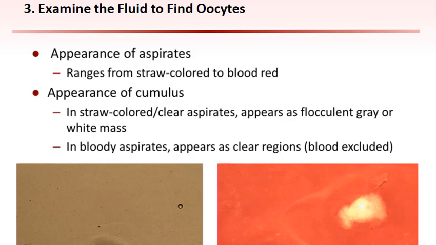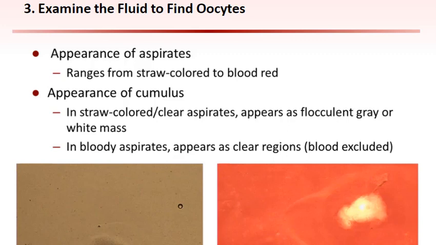The appearance of cumulus oocyte complex masses varies with the appearance of the surrounding aspirated fluid. When the aspirated fluid is clear or amber, cumulus masses appear as flocculent gray or white clumps of cells, slightly darker than the surrounding fluid. When the aspirated fluid is quite red from accompanying blood, the cumulus masses appear as small clearings in the fluid.